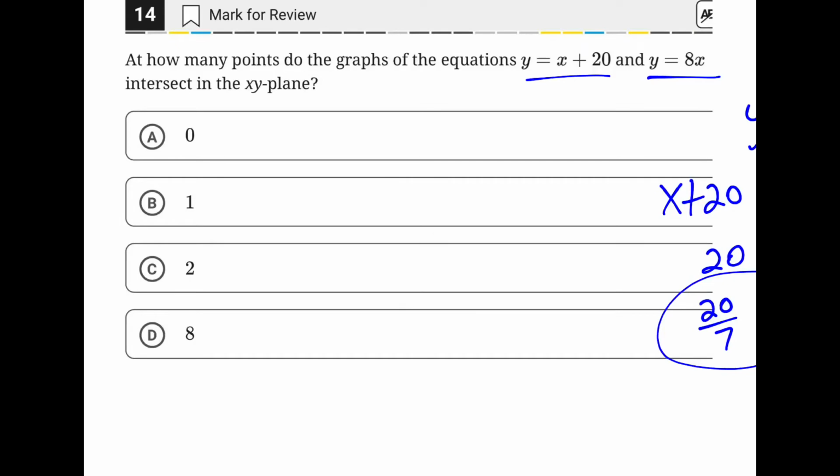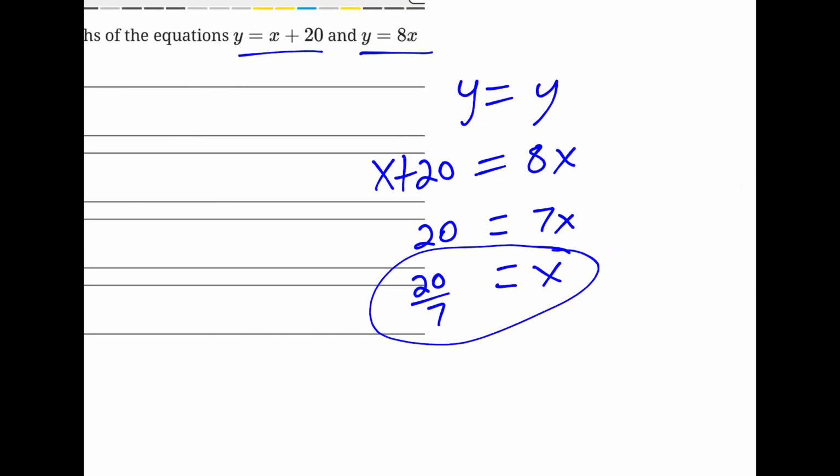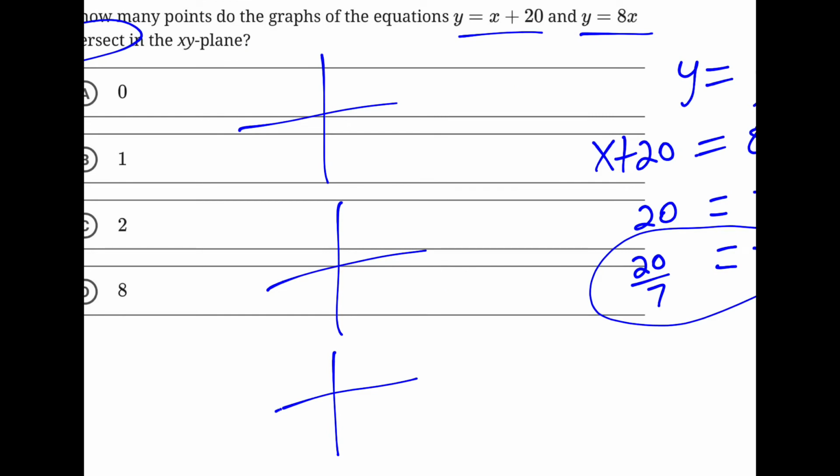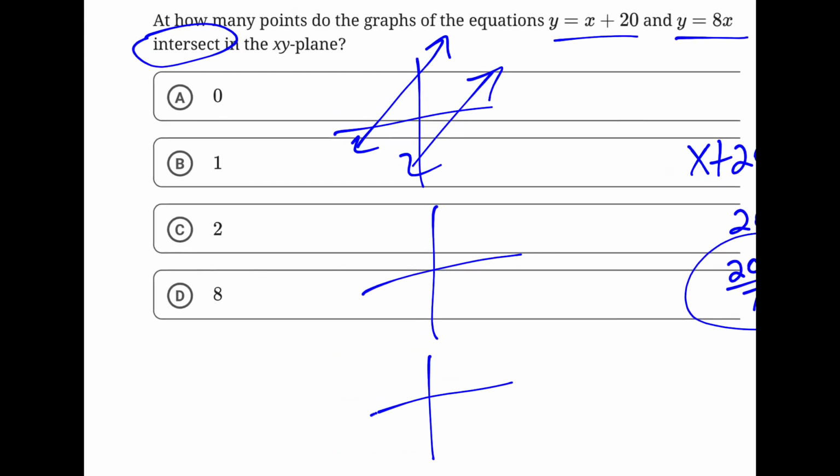Number 14 is a systems of equations problem. They give you two different lines, and they want to know at how many points they intersect. So you could solve this algebraically, set y equal to y, substitute in, and it turns out there's exactly one answer. Because if you recall, there's really only a couple of situations. You can have parallel lines that never cross, that would be 0 solutions.